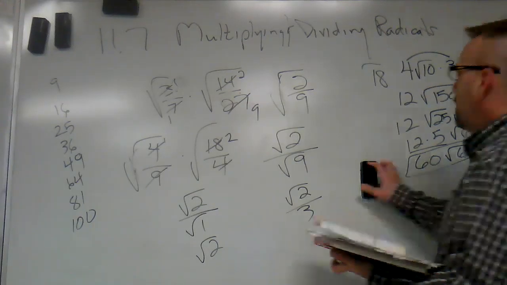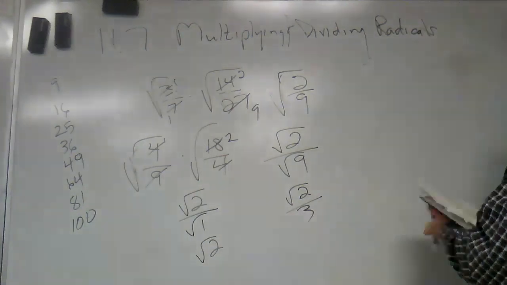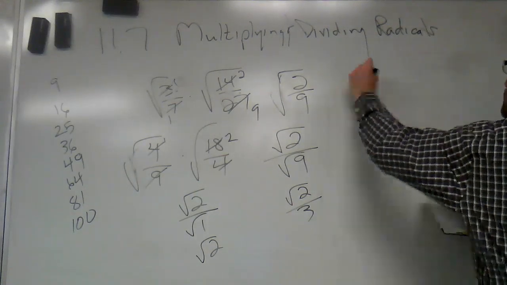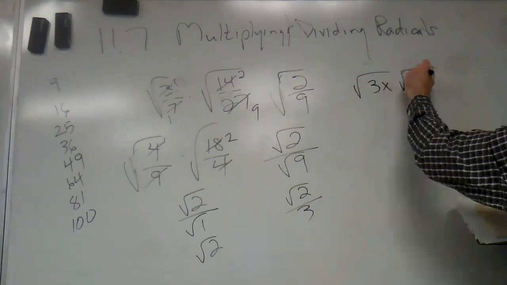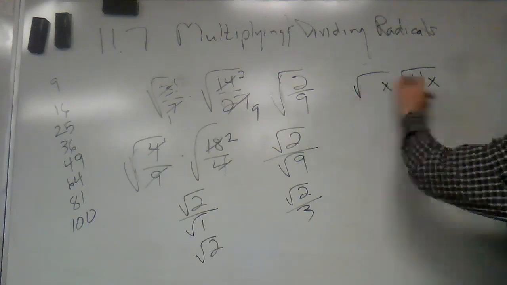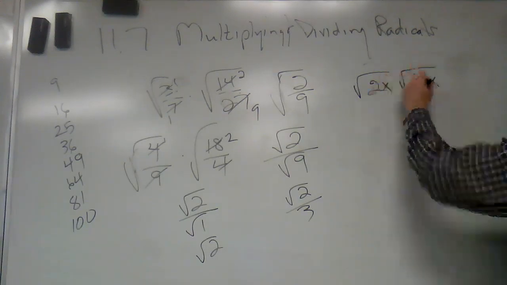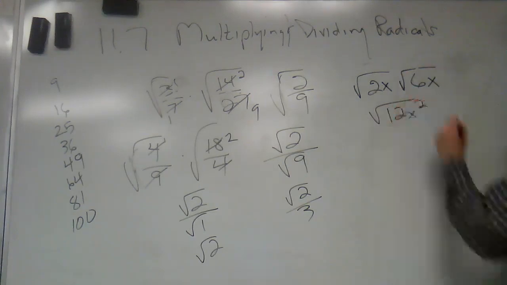All right, so let's do one more with variables. So this one, if we go ahead and multiply, 2x times 6x, if we multiply them out, we get 12x squared.